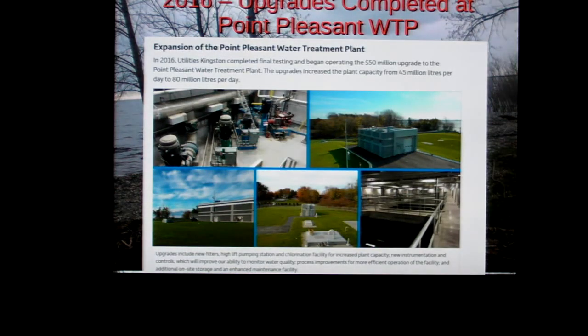In 2016, upgrades were completed at Point Pleasant water treatment plant. Here you can see the low lift pumps, and you can see the cleanliness of what they have going on here. The motors for the pumps are completely dirty on the top.